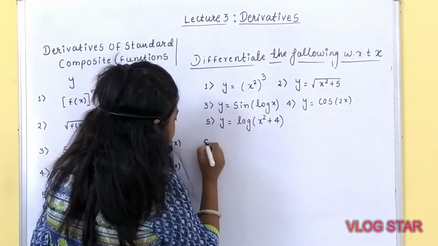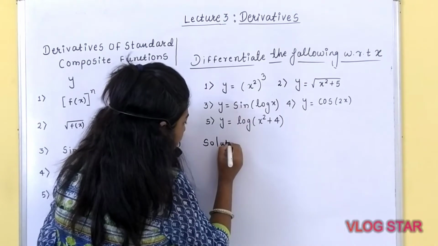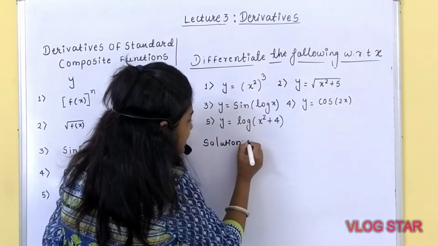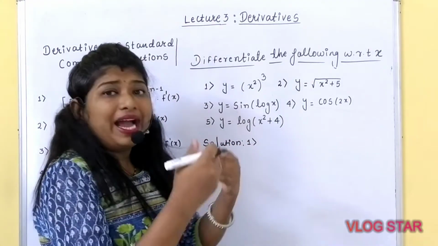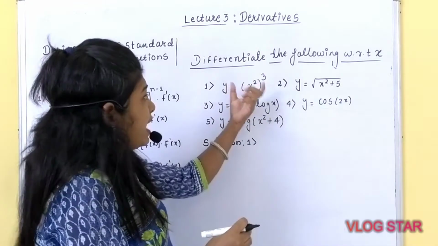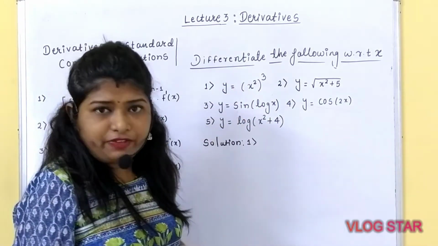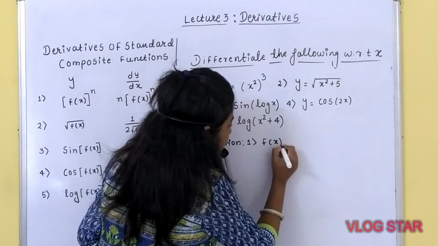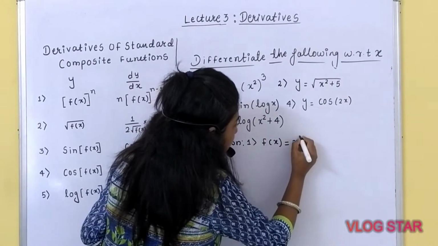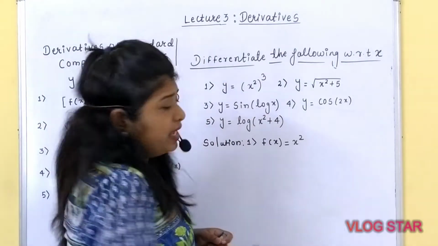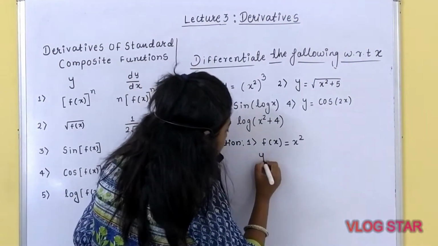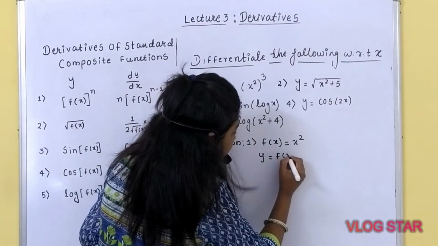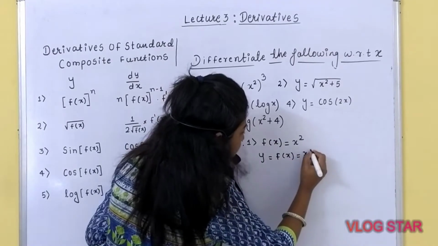So let's consider solution 1. As I told you, you need to identify what is f of x from the composite function. In this particular question, f of x is equal to x square. So y is equal to f of x raised to 3, where f of x is equal to x square.